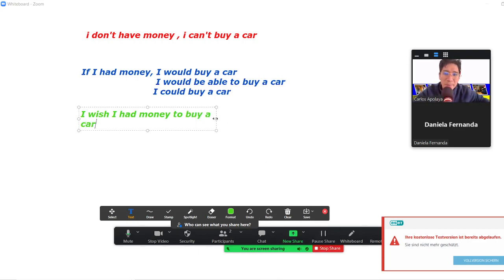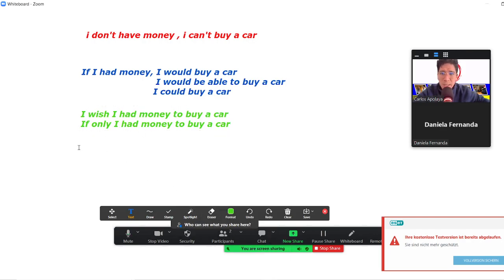I wish I had money. ¿Cómo sería con el if only? Sí, ojalá, si tan solo. If only I had money to buy a car. Te das cuenta que aquí son situaciones hipotéticas y aquí también, pero son deseos. Did you understand? Y sigue la misma regla, ¿cierto?